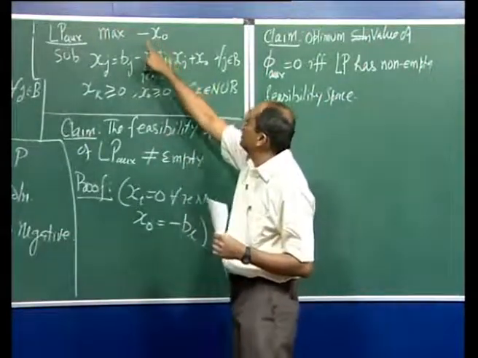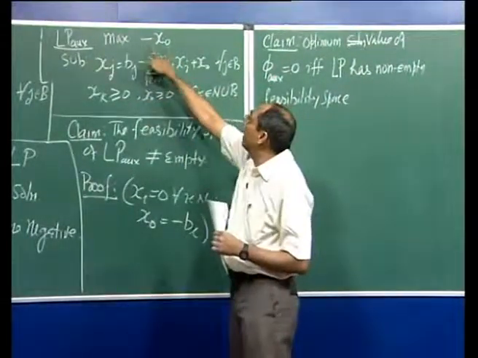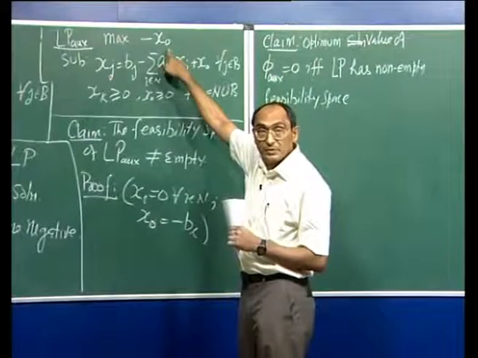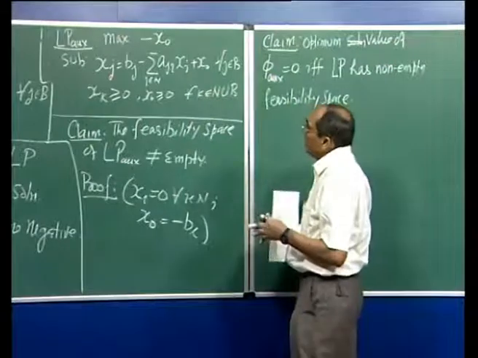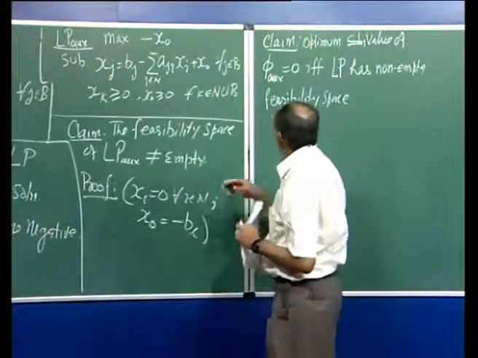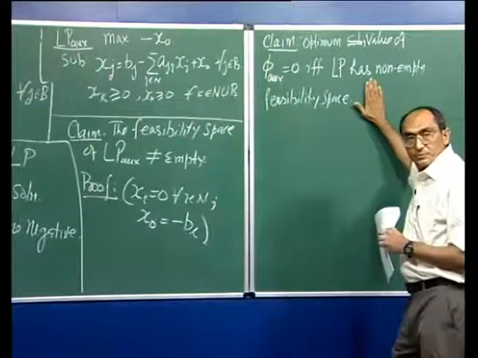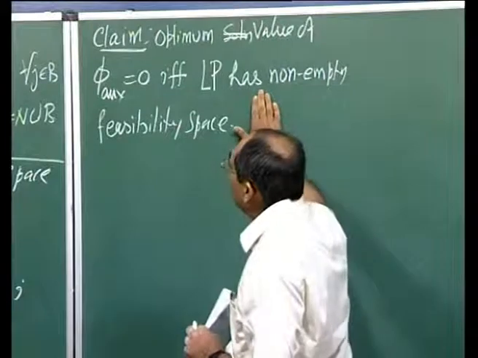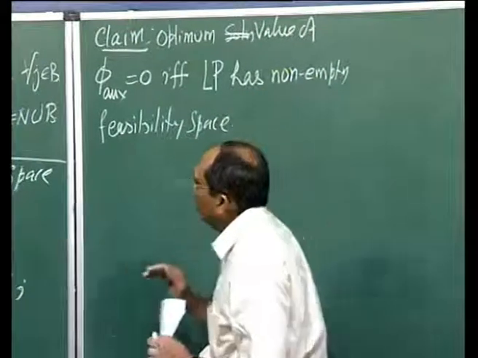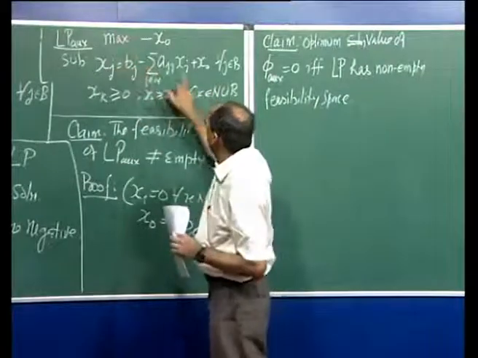So the highest value, given that x naught has to be non-negative, cannot reach above 0. It can be otherwise, it can be either negative or 0. Now, if this LP has a solution, any point which satisfies the conditions of this LP, then that will satisfy these conditions with x naught equal to 0.